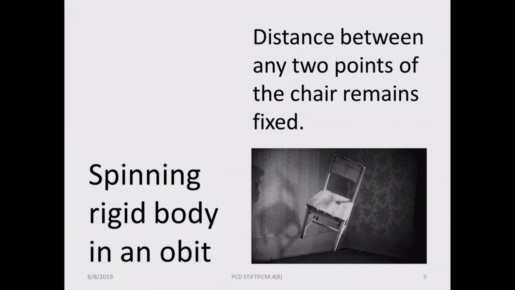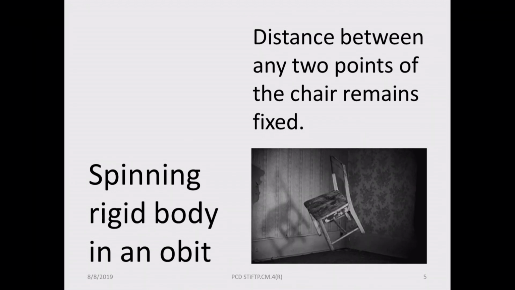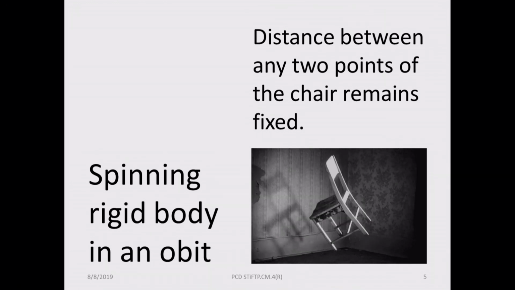So what is peculiar about this chair is that it is a rigid body. And no matter what happens in its transit or how it spins around, the distance between any two points on the chair remains the same.